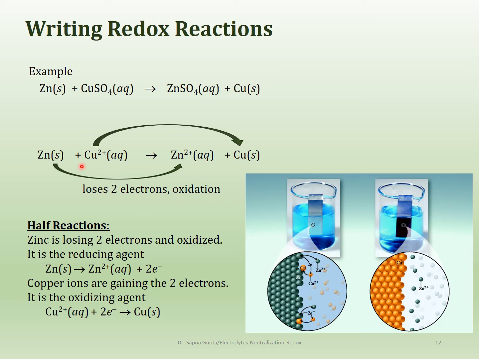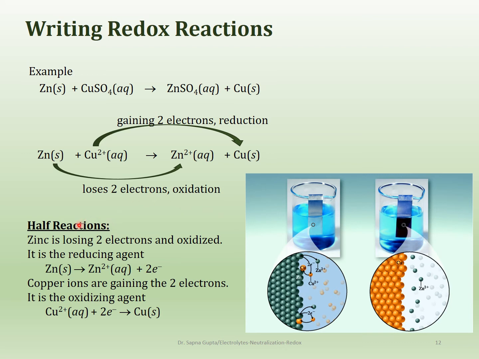And then we have copper, which is going from copper 2+ to copper solid, meaning it has gained 2 electrons. 2- plus 2+ gives you neutral. If it has gained electrons, it has undergone reduction. So this is an oxidation reduction reaction by way of gaining and losing electrons.